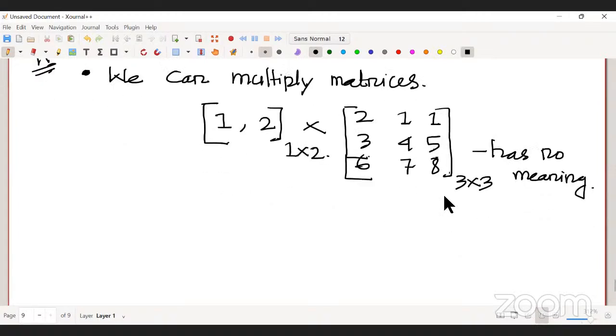So when can I multiply two matrices? Suppose I have a matrix A, which is of order m cross n, and I have another matrix B, which is of order r cross s.